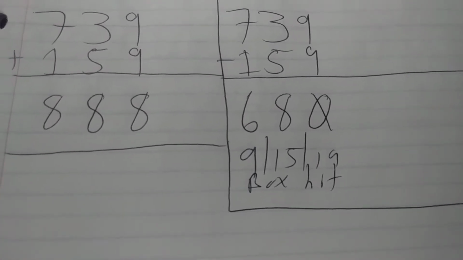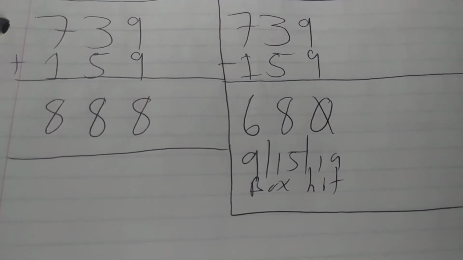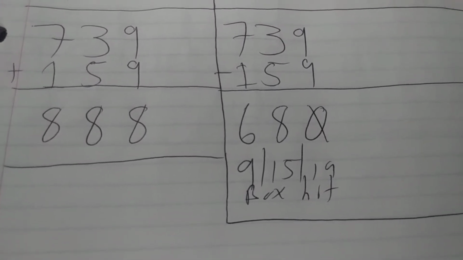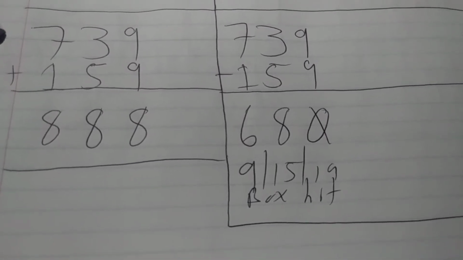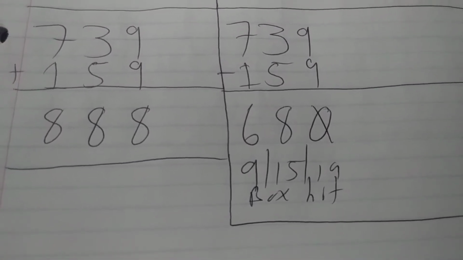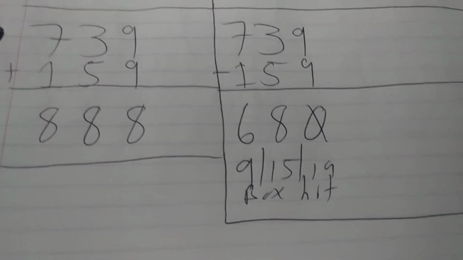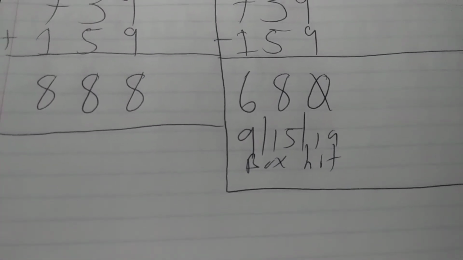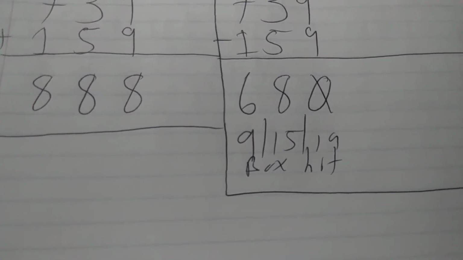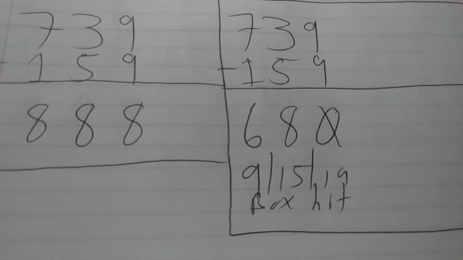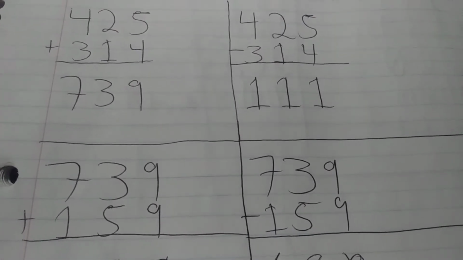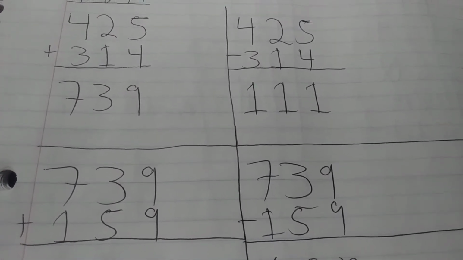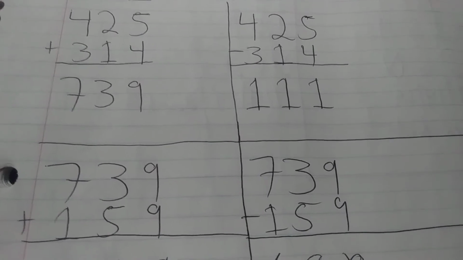You minus off 159, so you have 7 minus 1, which is 6. 13 minus 5, which is 8. 9 minus 9, which is 0. And that number did hit on September 15th. The 739 came from up here, okay? On the next page, I will be covering the 111, just so you know.